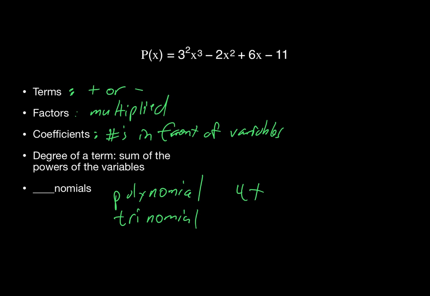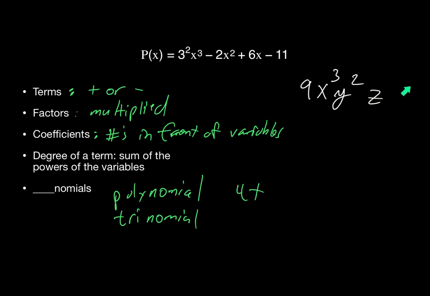I'm going to go back to this for just 1 second. If I have 9x cubed y squared z, that's 1 term, that's a monomial. If you were asked to tell me the degree of that monomial, so again, degree of a term, this is a monomial, is the sum of the powers.